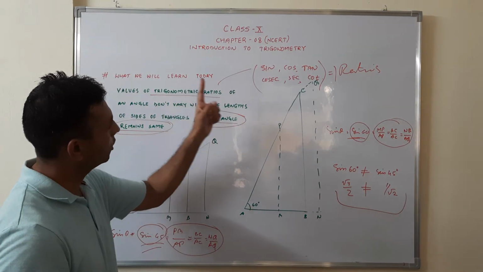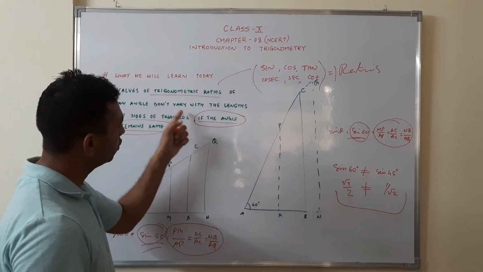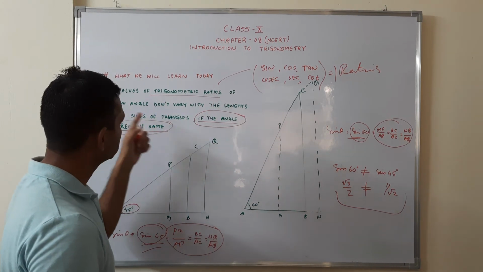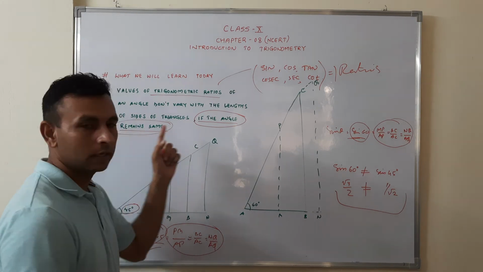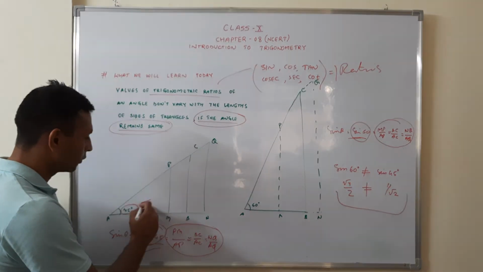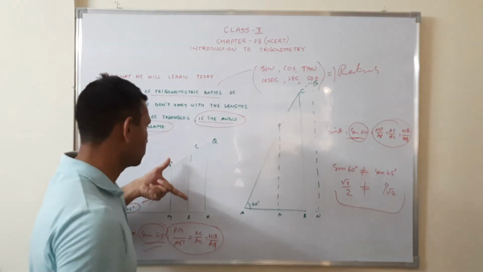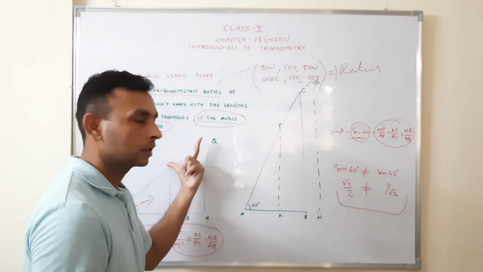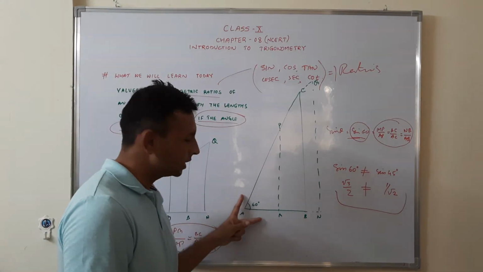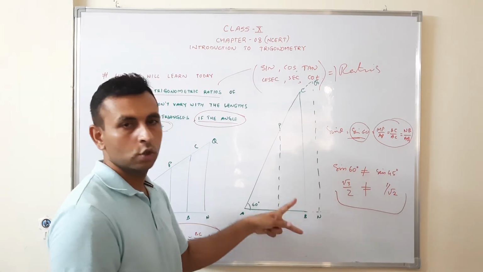The values of trigonometric ratios of an angle don't vary with the length of the sides of the triangle if the angle remains the same. For all 45 degrees, the ratio of the sides will remain the same. For any change in the angle, your ratio will change.